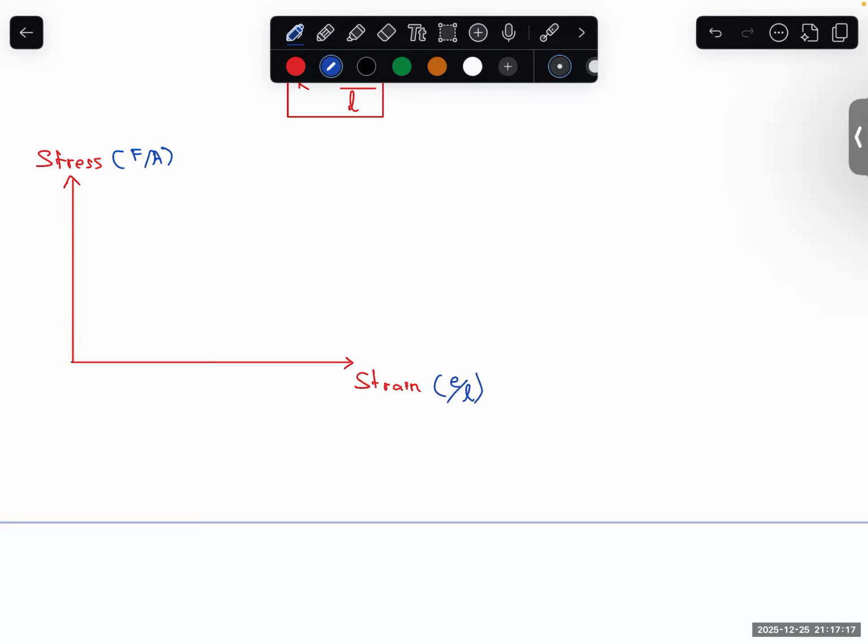So initially, it will be proportionate until it reaches a point called the proportionality limit. They will usually name it P. And then the curve will start to appear. It will curve towards the strain side. Not like this, because usually for metals, this is the graph. It will curve slightly towards the horizontal.